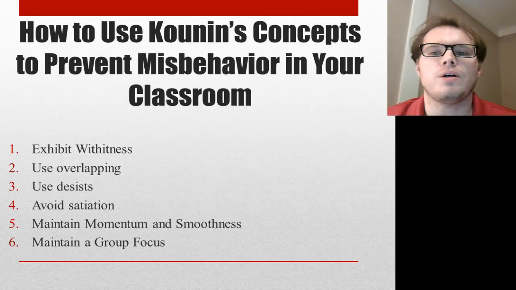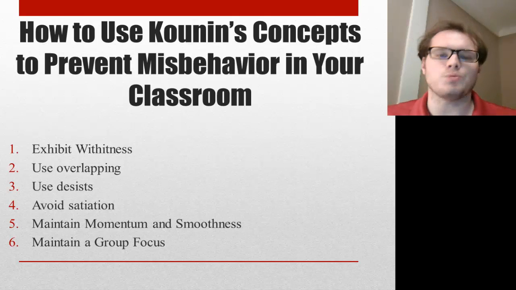They really all deal with creating that great learning environment. So you could refer to this as ways to prevent misbehavior or just ways to manage your classroom and your lessons. So number one, exhibit withitness.